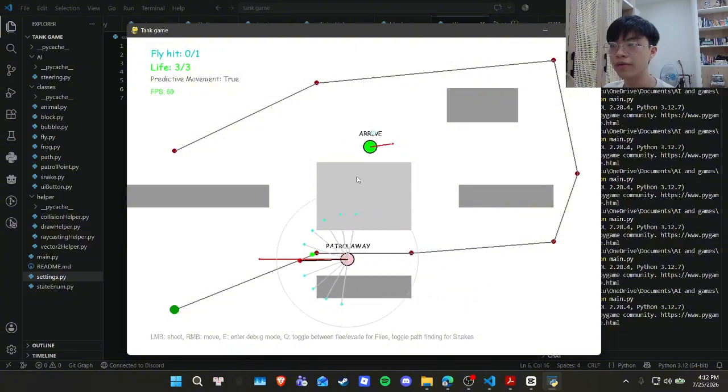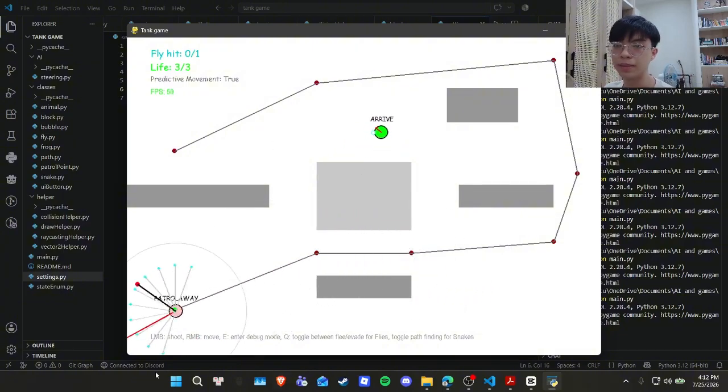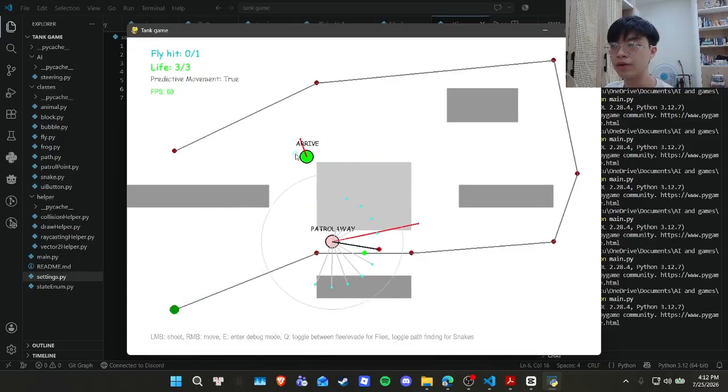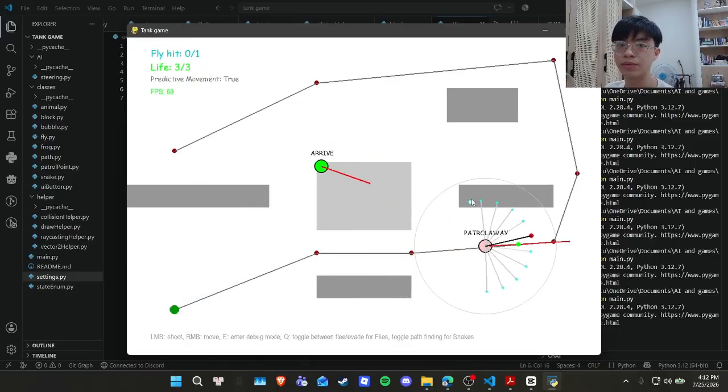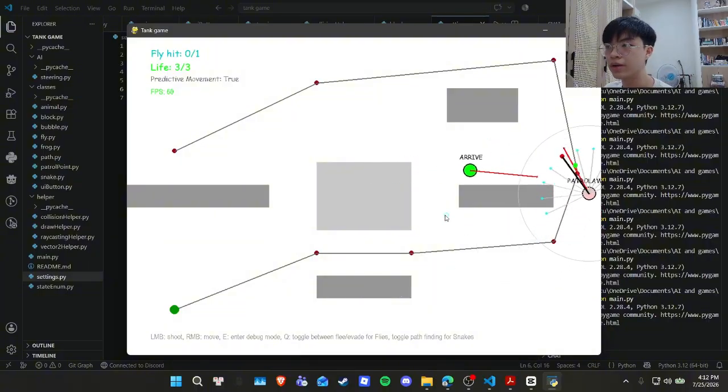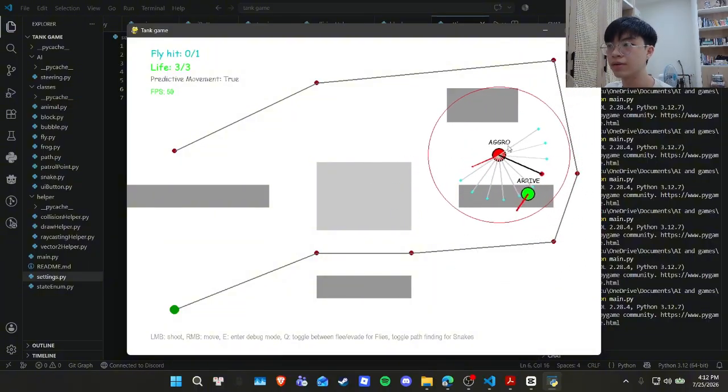After a while, the snake will be in the patrol home state. If they patrol away for a set amount of time, they will patrol home. And when we get close to them, they will be in the aggro state.